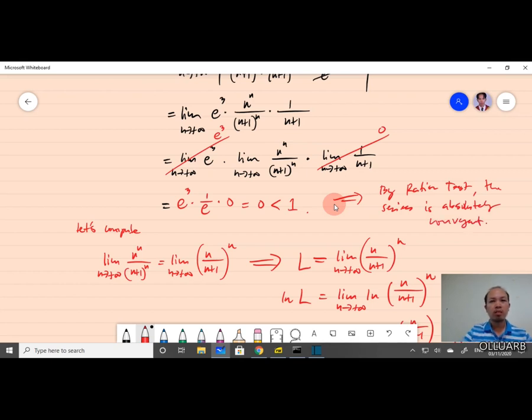Okay, so if you compare the two tests, as you can see, the ratio test is longer than the root test. So now I believe that you already know the usefulness of the root test over the ratio test. Okay, so I guess let's end our topic here.